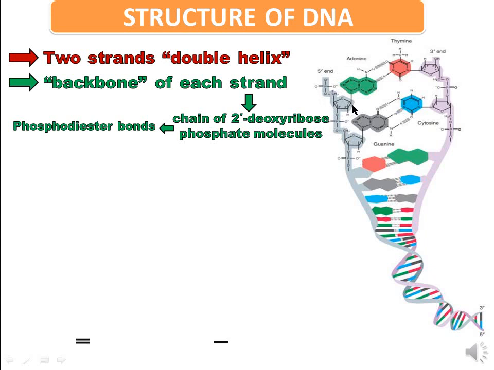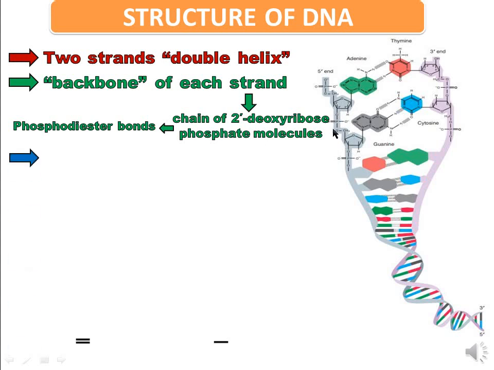And listen carefully, this is carbon number 1, 2 and 3. The carbon number 3 of one molecule forms a bond with 1, 2, 3, 4 and this is the fifth carbon of the other molecule, and a phosphodiester bond is present.